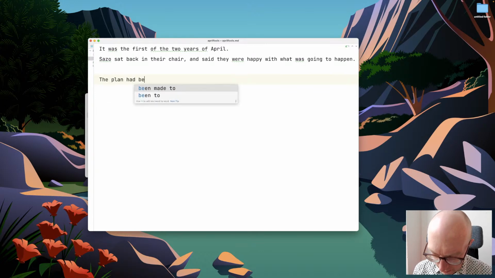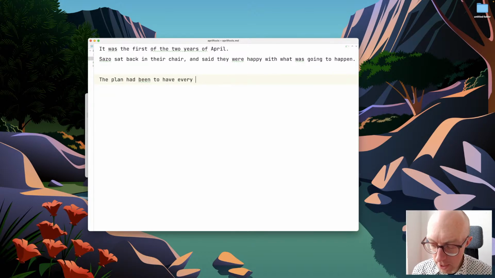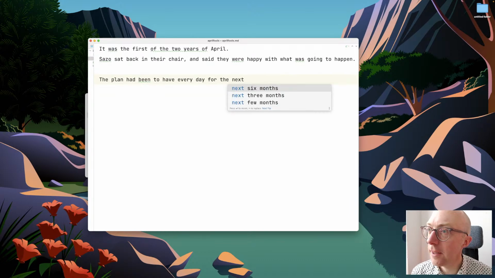The plan had been to have every day for the next... Now, this is interesting. GitHub Copilot, I think, was better at reading the rest of the document and analyzing from that, whereas it doesn't look like this is, because we've already said 2 years earlier, but the alternatives we're being offered are 6 months, 3 months, and a few months, which are not wrong, but don't really relate.